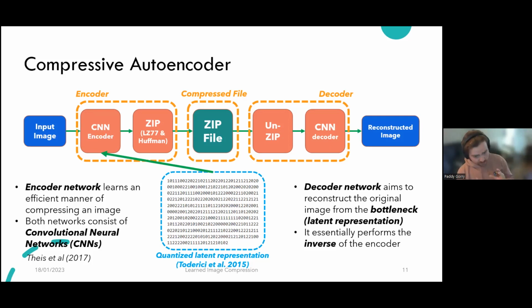By using this sort of quantized representation, just using base 3, it encourages the network to learn a more efficient manner of compressing. Because usually in autoencoders, the latent representation is going to be a tensor of some size, a multi-dimensional array, and each of those values is usually a floating point number, about 32 bits.